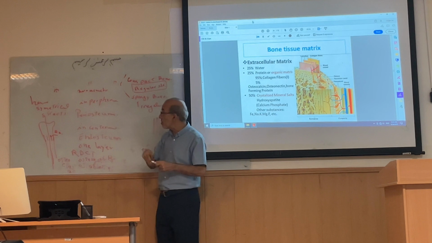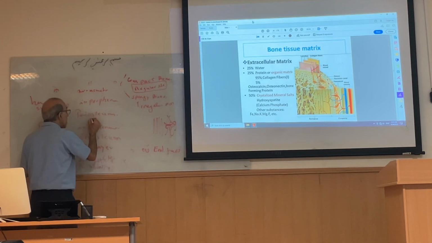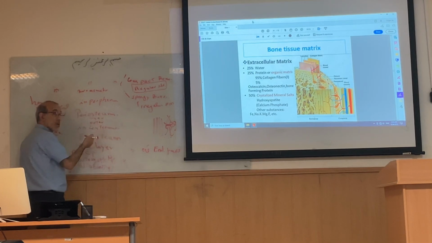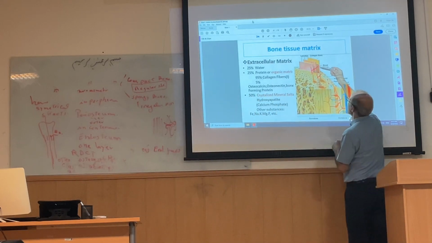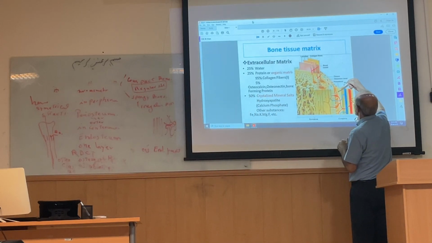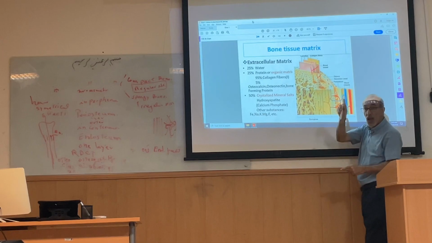Go to periosteum. Periosteum is divided into two parts, inner and outer. Look at this picture. Endosteum is one layer.